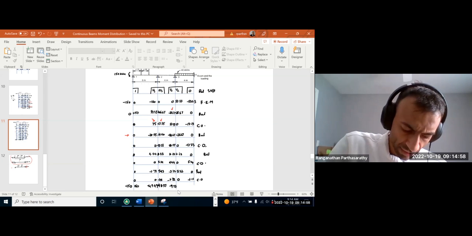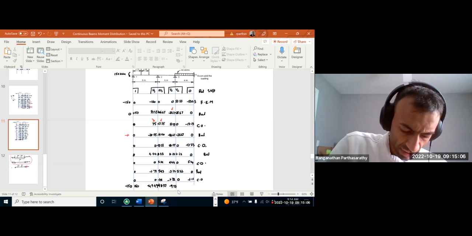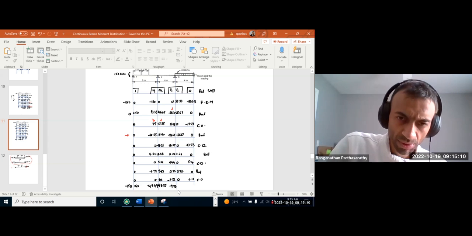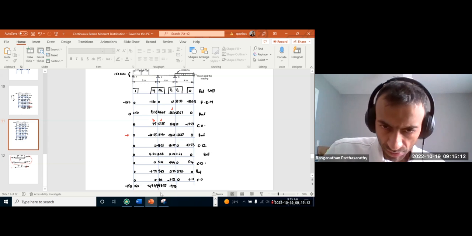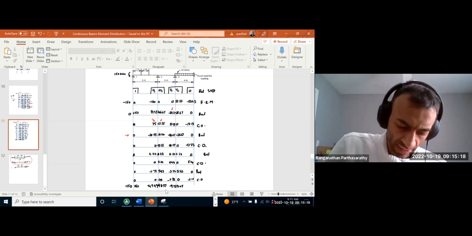And right side: 53.33, negative 26.67, negative 26.67, positive 10.28, negative 2.22, 8.05. Yeah, it is still, we have to balance a bit, that's fine.